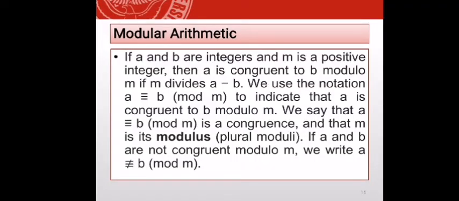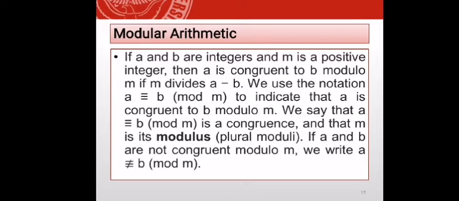So what is modular arithmetic, by the way? If a and b are integers and m is a positive integer, then a is congruent to b modulo m if m divides a minus b. We use the notation a ≡ b (mod m) to indicate that a is congruent to b modulo m.